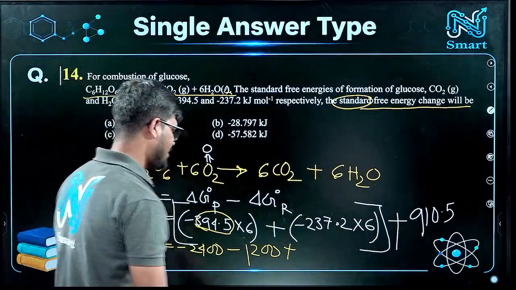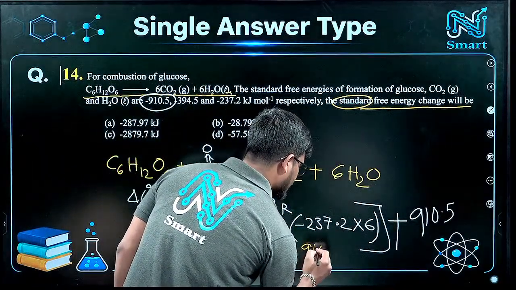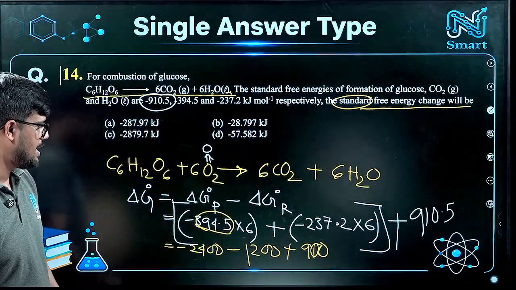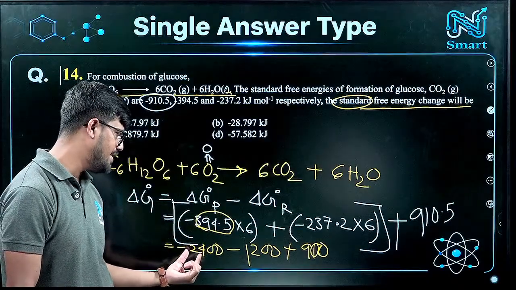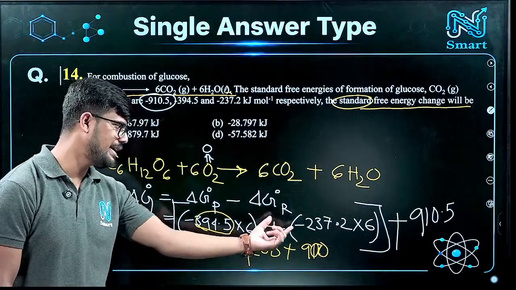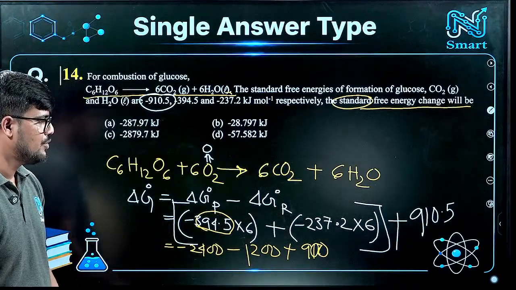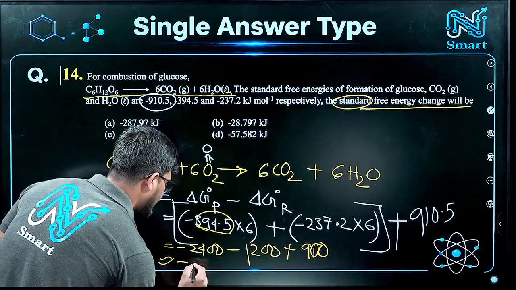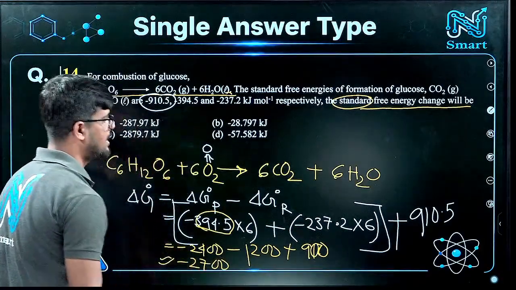Let's consider 900. If you do this, what do you get? So 2600, then 3600 minus 900. So almost 2700 you will get, almost minus 2700 kilojoule.